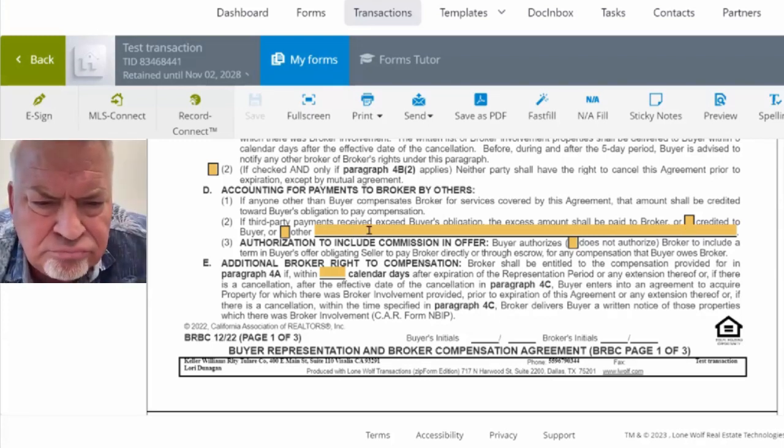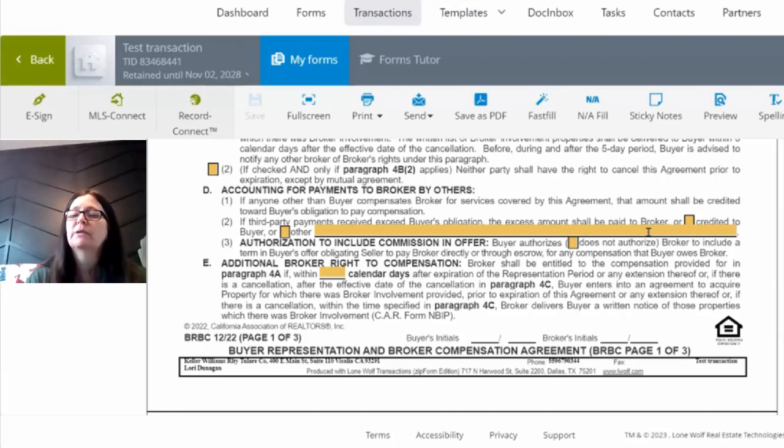Or we could do something other. Maybe it gets split 50-50. Maybe it gets donated to charity, whatever it is. But we have options. That's what we want to make sure we know: if we're putting a certain percentage up at the top, what happens if it doesn't match that percentage? And again, most brokers aren't going to want to go after buyers for additional amounts. But depending on the situation, your broker would make that decision, you and your broker.